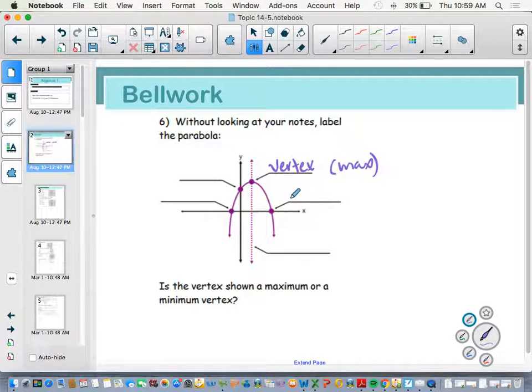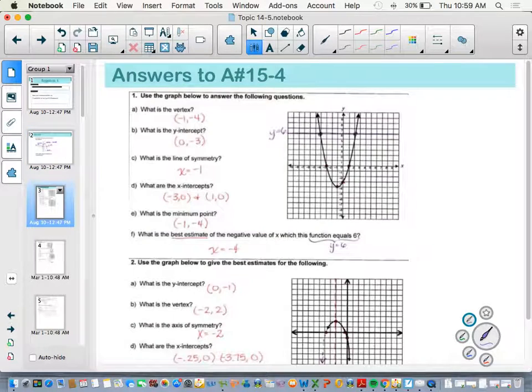This is my X. This is my X-intercept. Now, shouldn't that be negative X? Oh my gosh. No. It's just called an x-intercept, whether it's negative or positive. It's a good question.